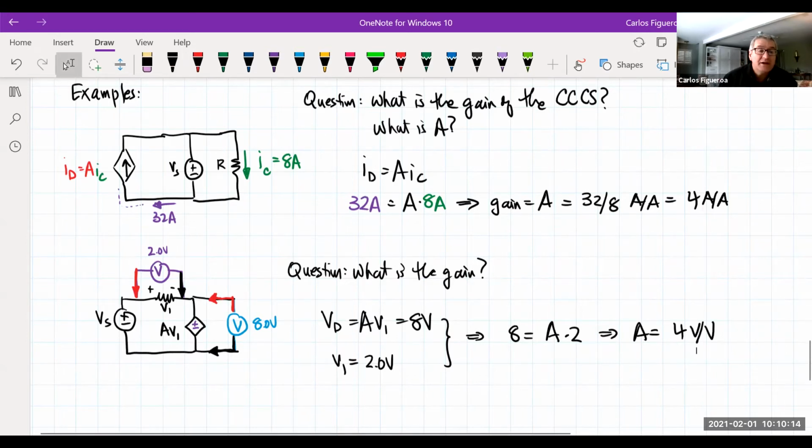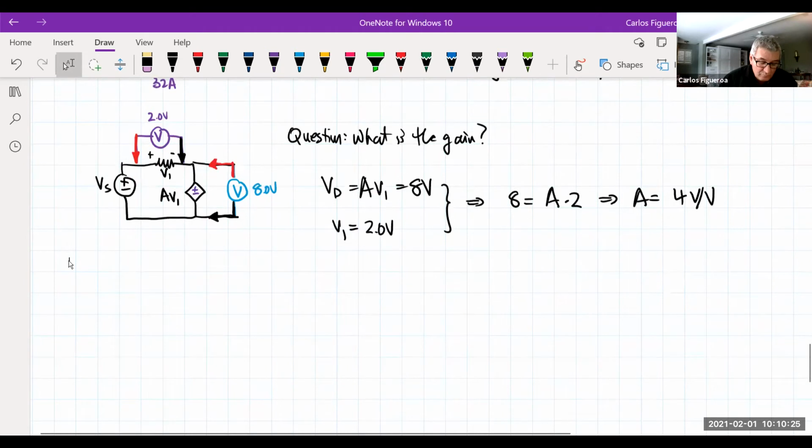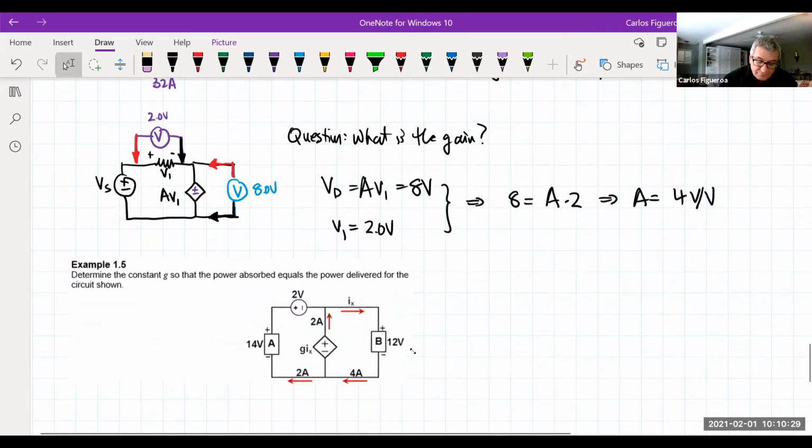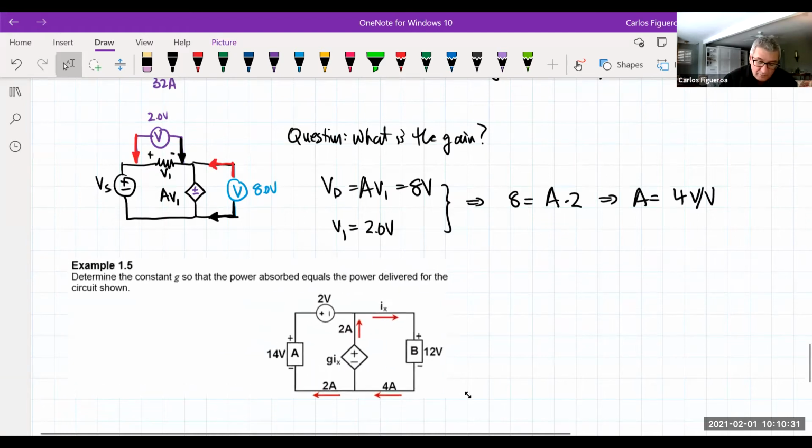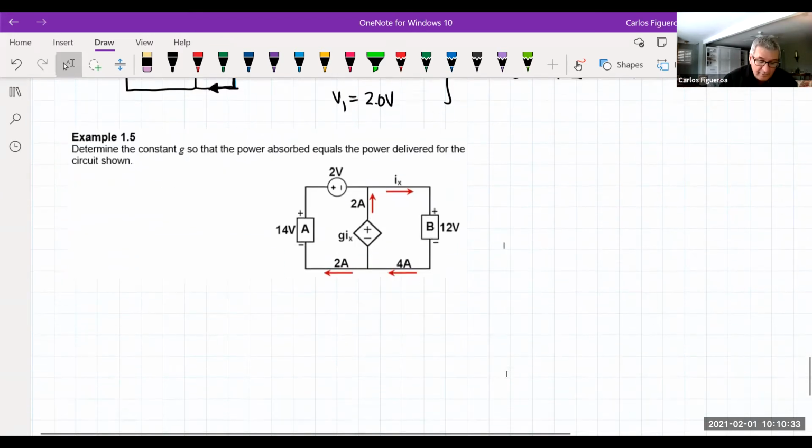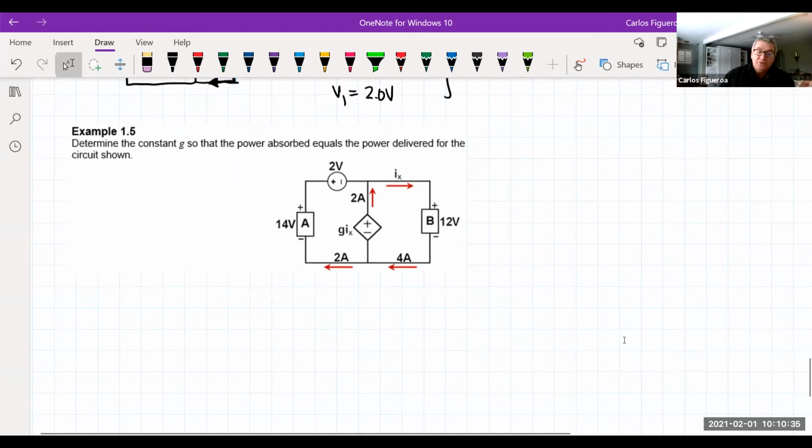So to wrap this up, I'm going to get this last example that I'm going to do. And here it is. What I want to do here is determine this constant G. What's G?